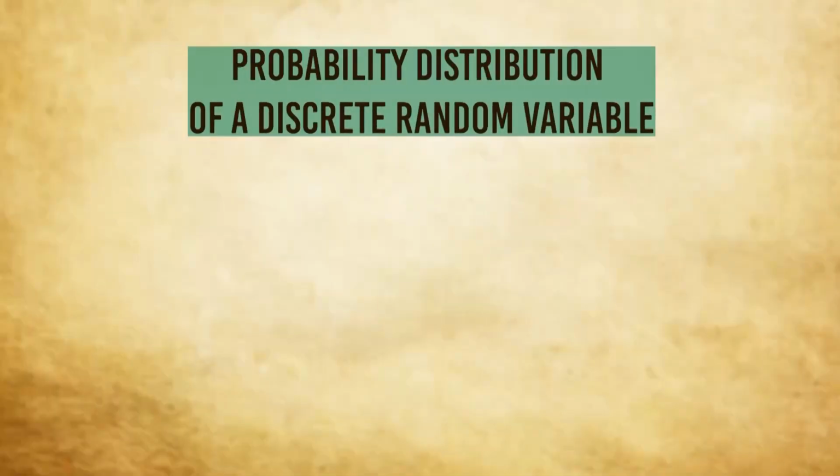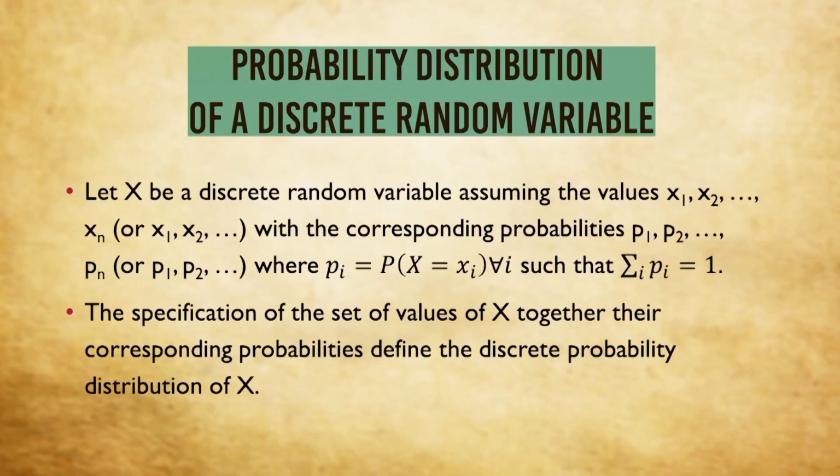So first we will discuss the probability distribution of a discrete random variable. So x is a discrete random variable that can take up either a finite number of values, we can call them x1, x2, ..., xn, and also countably infinite number of values, which we denote by x1, x2, etc. And we have seen that a random variable takes up values with corresponding probabilities.